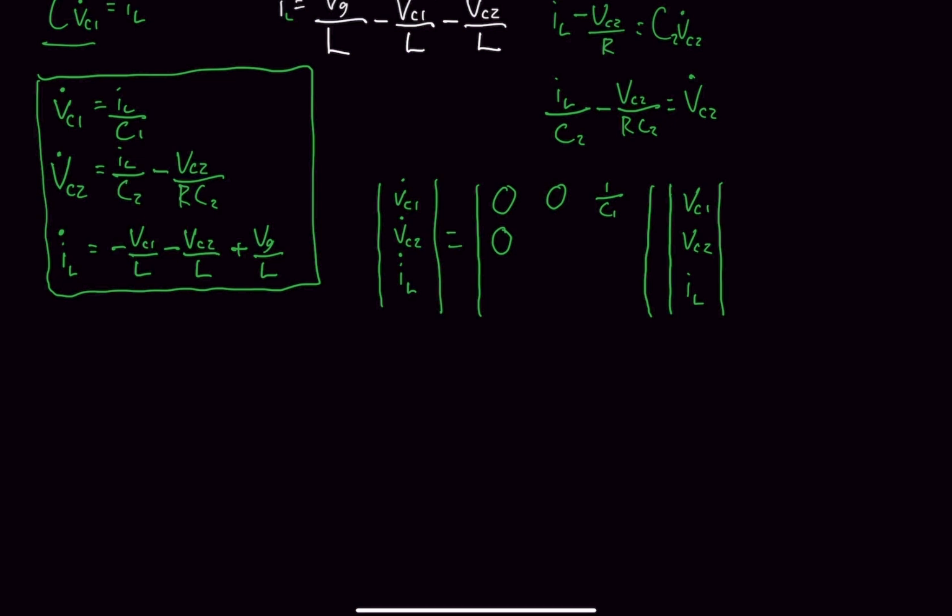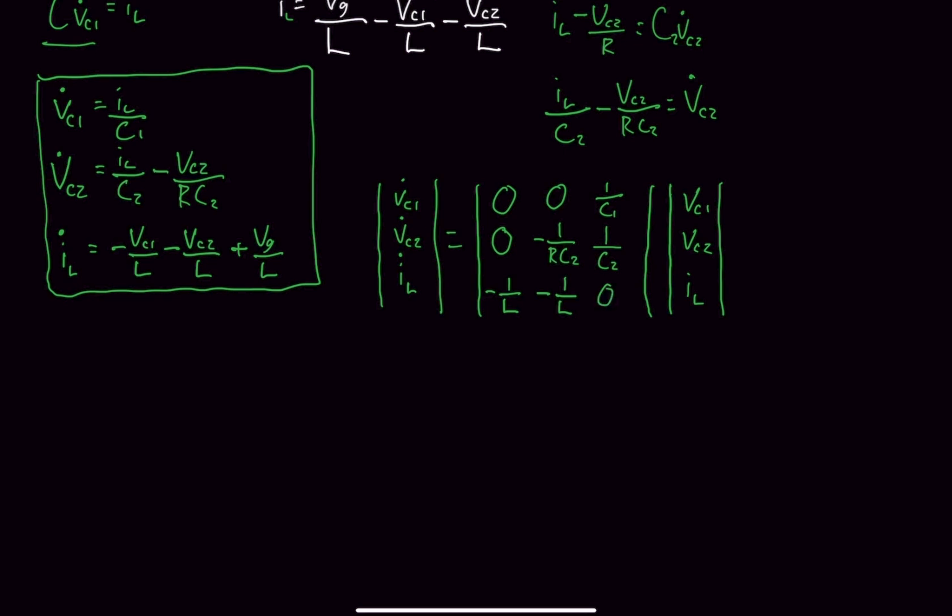For VC2 it's going to be negative 1 over RC2, and for IL, it's going to be 1 over C2. Perfect. And then for our last one, for VC1 we have negative 1 over L, for VC2 we have negative 1 over L again, and then we have no IL, so it's 0.